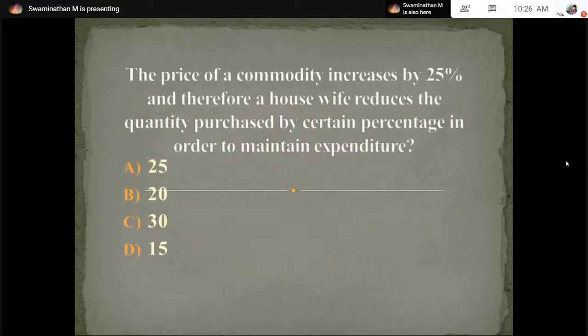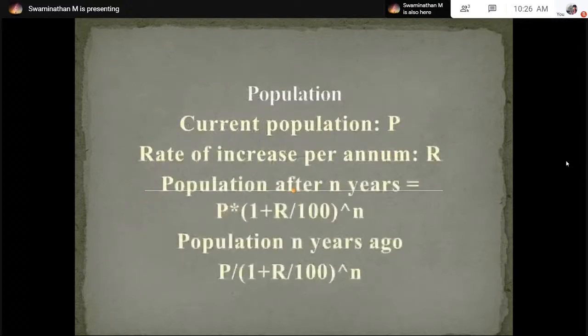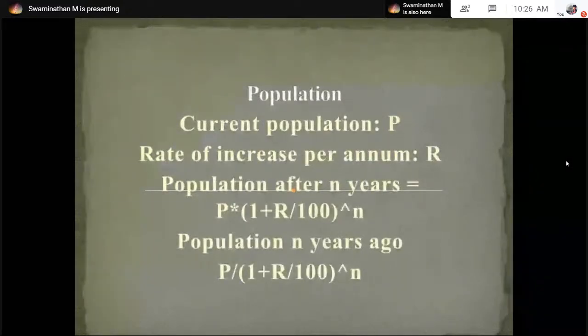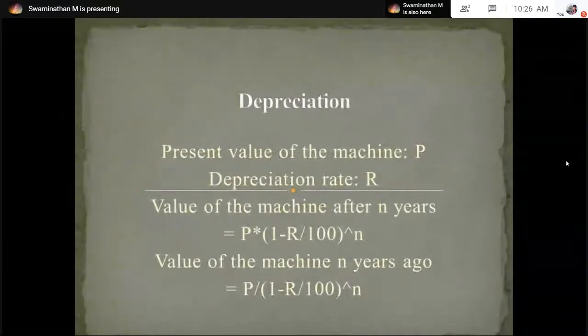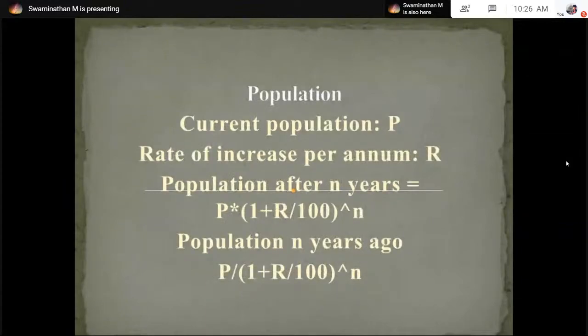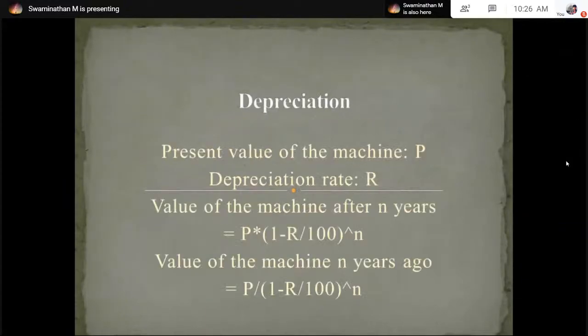And then this is in terms of population. Population and depreciation can be compared and remembered, but don't make mistakes with this. The difference between population and depreciation is that you will have a plus sign in population and a minus sign in depreciation.